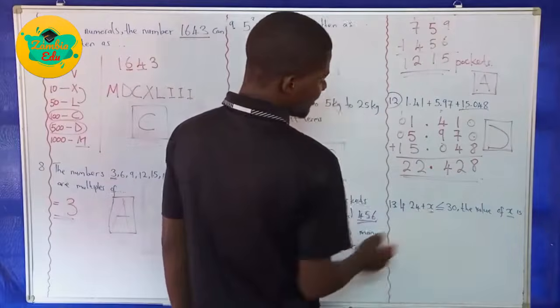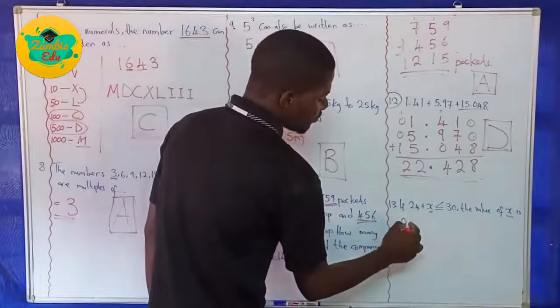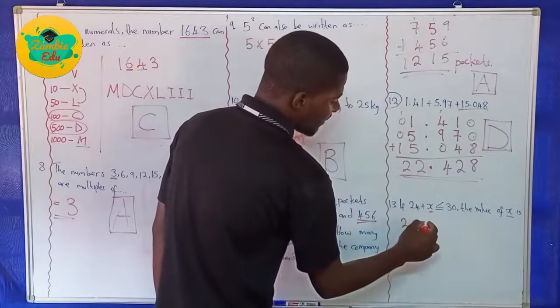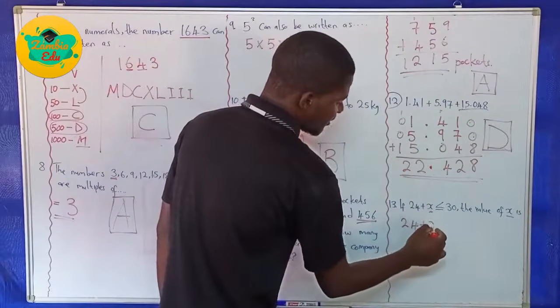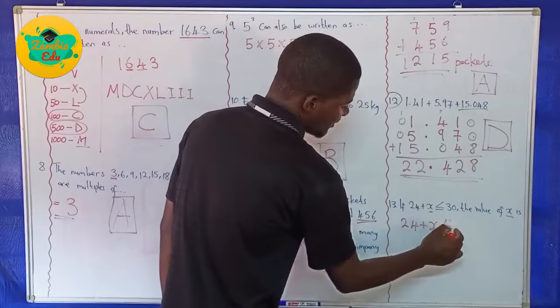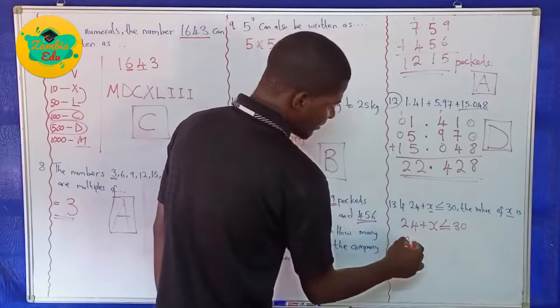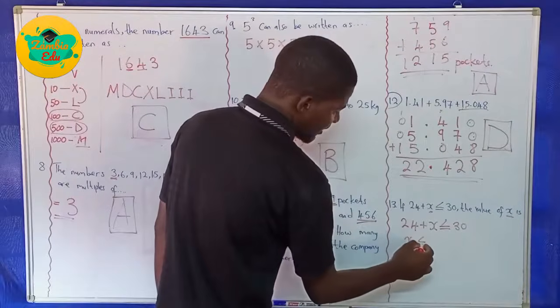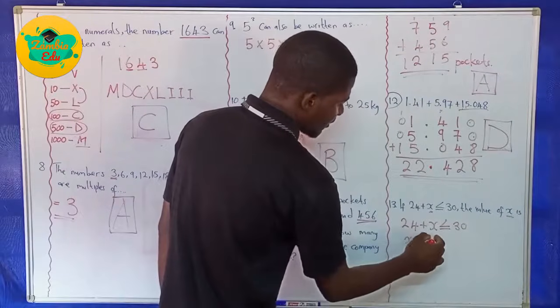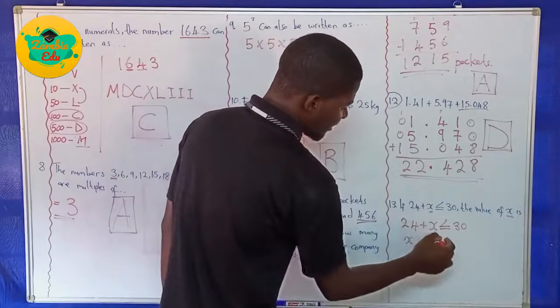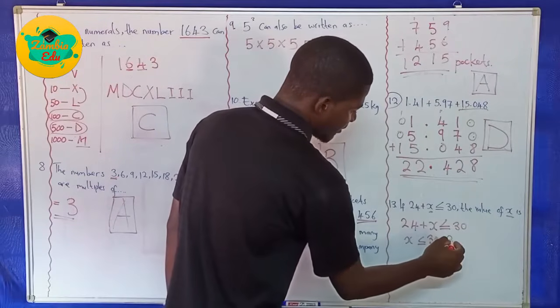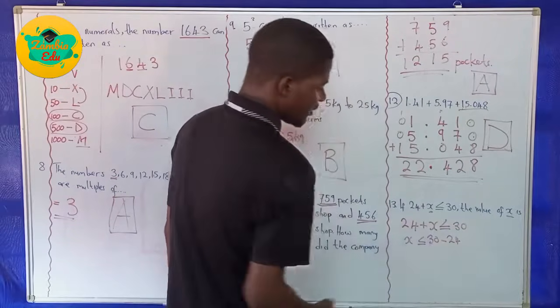So if we do, you're looking at 24, that's the inequality, 24 plus 3x less than or equal to 30. Let's group the like terms, 3x less than or equal to 30, this one goes the other side, becomes minus 24.